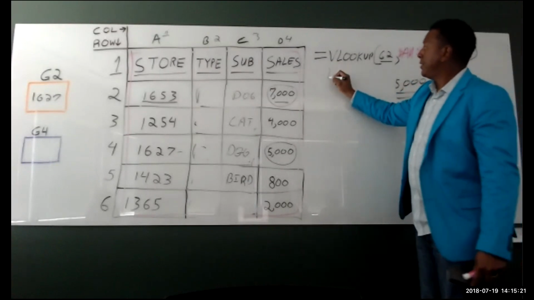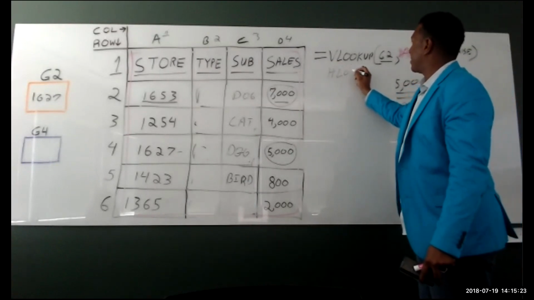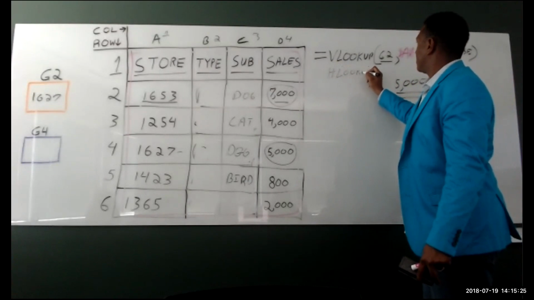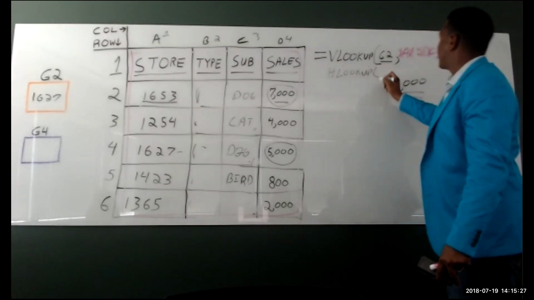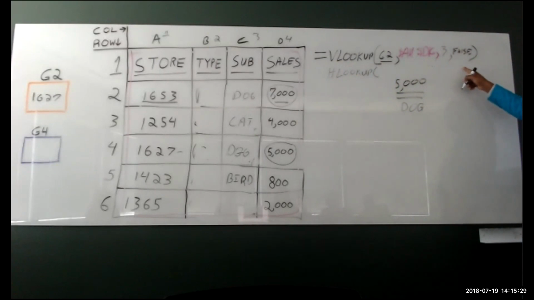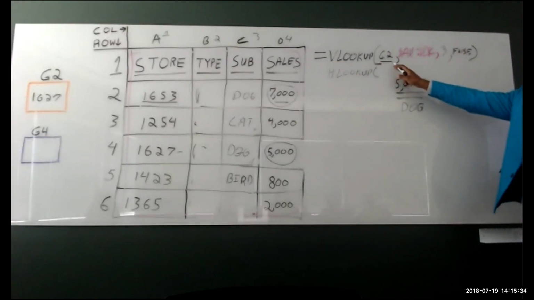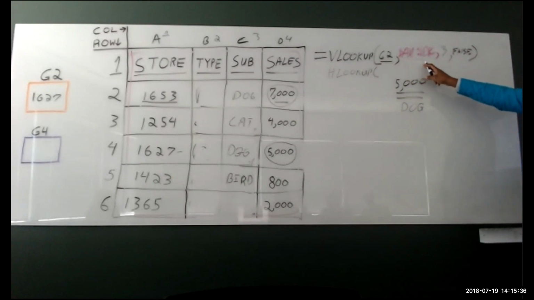The other one is HLOOKUP. An HLOOKUP does the exact same thing. You tell it what to find, you tell it where to find it, but instead of giving it the column number, you tell it how many rows to go down.